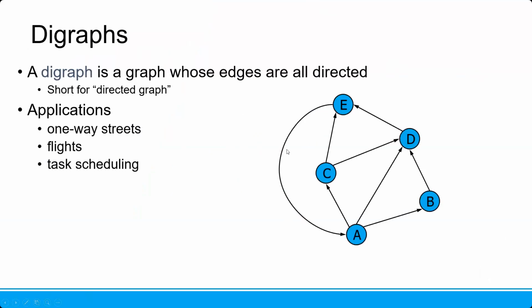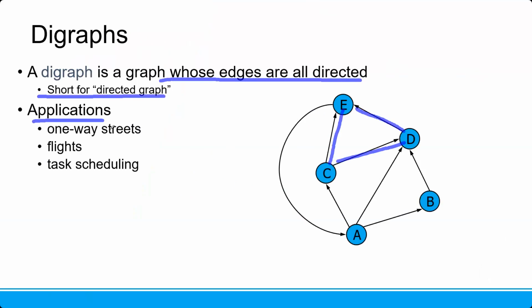So the digraph is a graph whose edges are all directed. We have the direction, we have the direction, we have the direction. It is short for directed graph. The applications will be, for example, if you want to find the shortest path.